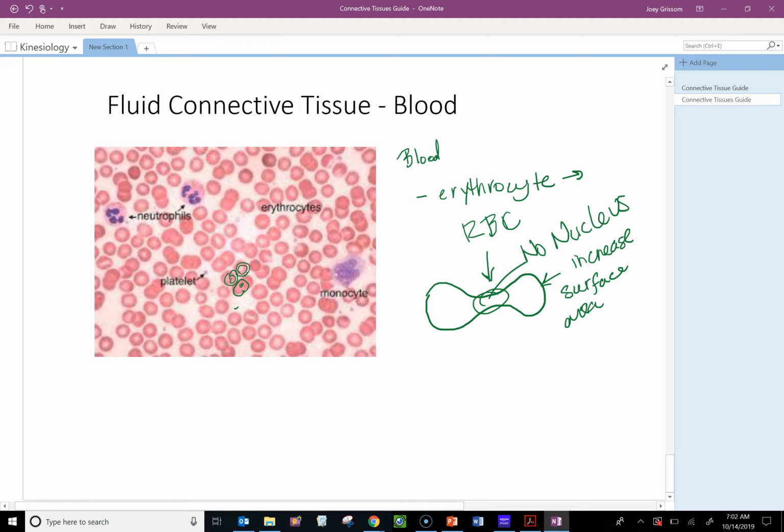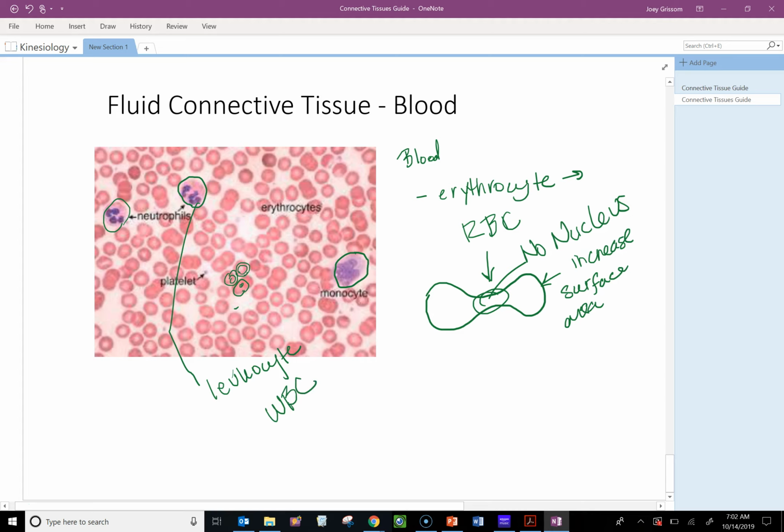Okay, so looking at this, there are some other cells that you'll see sometimes. In our slides they're kind of all mushed up pretty bad, but you can see that there are a few that are much larger. These actually have multiple kind of weird nuclei structures, but these are what we call leukocytes. A leukocyte is a white blood cell.